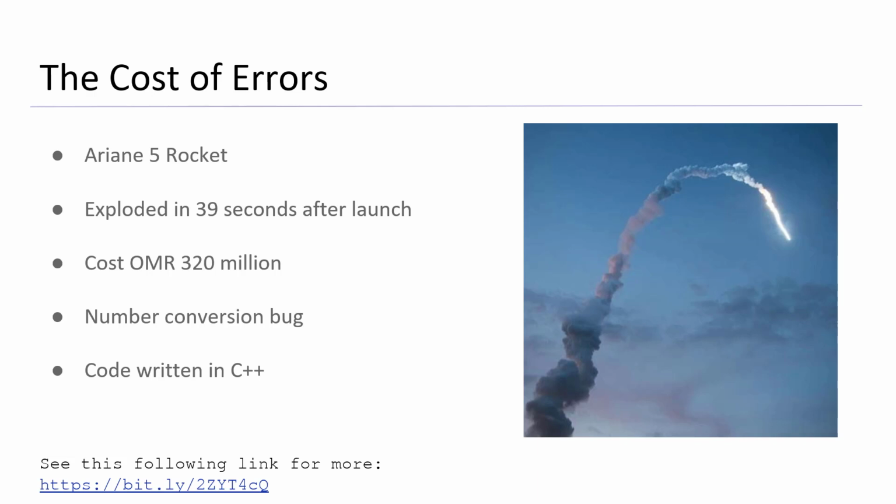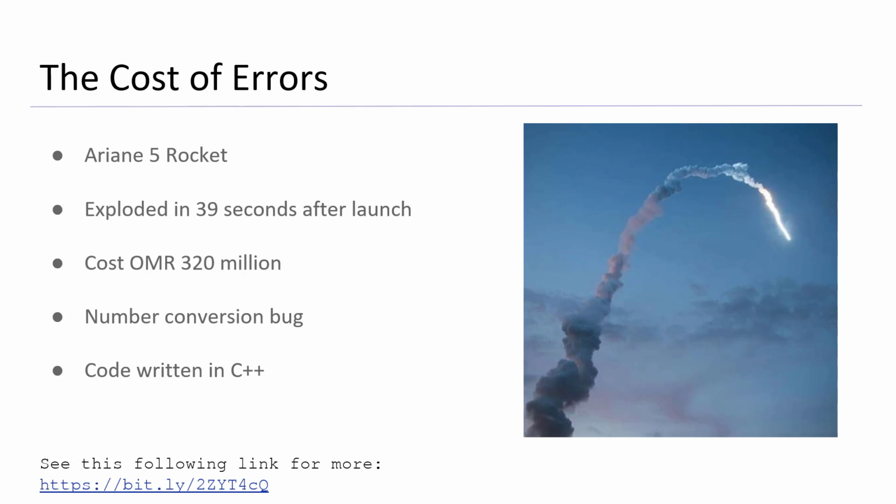On June 4th, 1996, an unmanned Ariane 5 rocket that was launched by the European Space Agency exploded just 40 seconds after liftoff. The destroyed rocket and all the cargo that was inside it was valued at around 500 million US dollars, which is equivalent to 320 million reals.